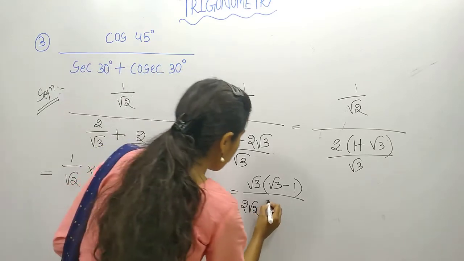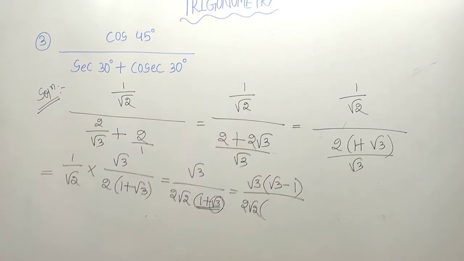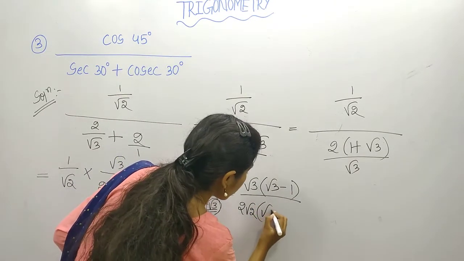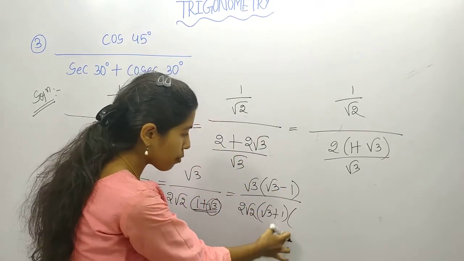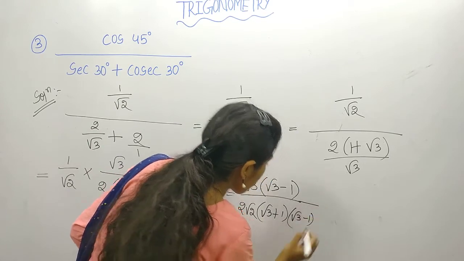What will it become? So 2 root 2 into root 3 plus 1. We have to multiply and we have to divide also. So what will it become? Root 3 plus 1 into root 3 minus 1.